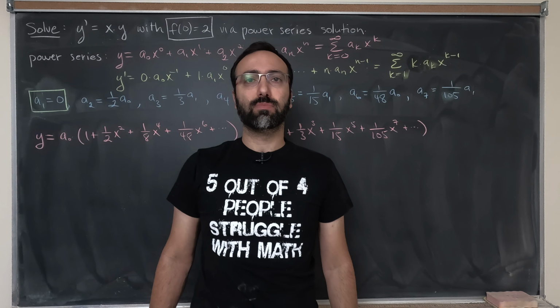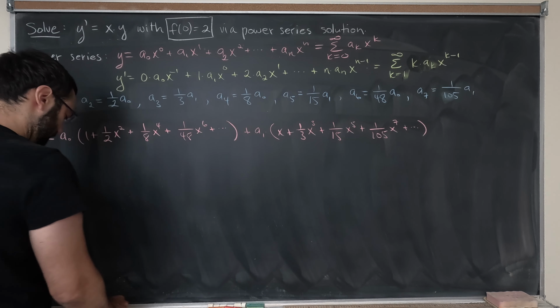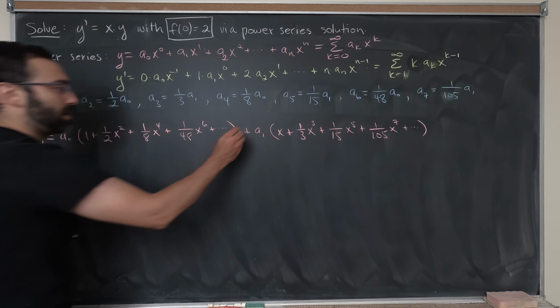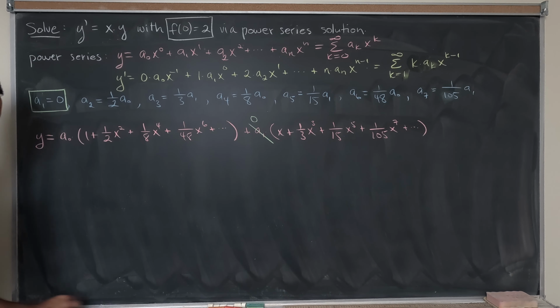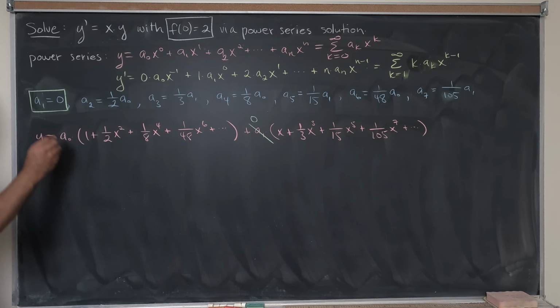Okay, here we are at the next board. So let's see what we had. a1 is 0. And we saw that a naught is 2.